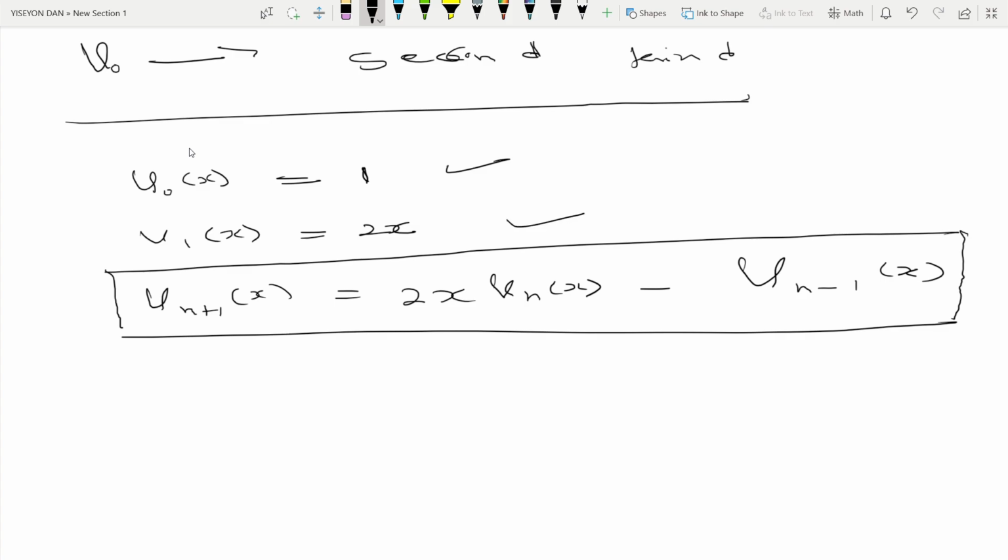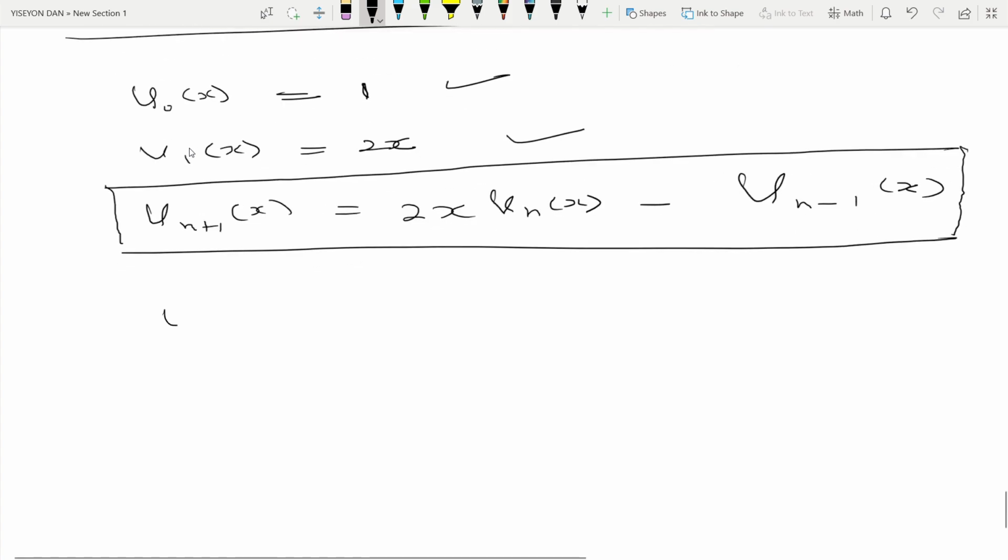So let's assume we are looking for U2. So U2 of x should be 2x times U1 of x minus U0 of x.